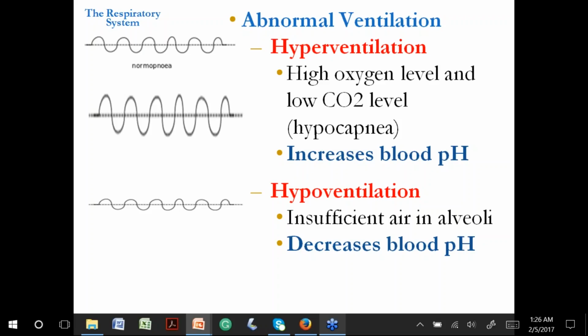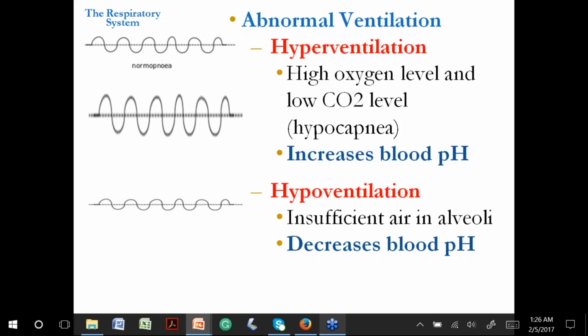So this carbon dioxide is going to react with the water, and when you have hypoventilation, you have more hydrogen. So when you have more carbon dioxide in your blood, you are going to increase the hydrogens in your blood. Again, more CO2, more hydrogens. And that is going to make the pH go down.